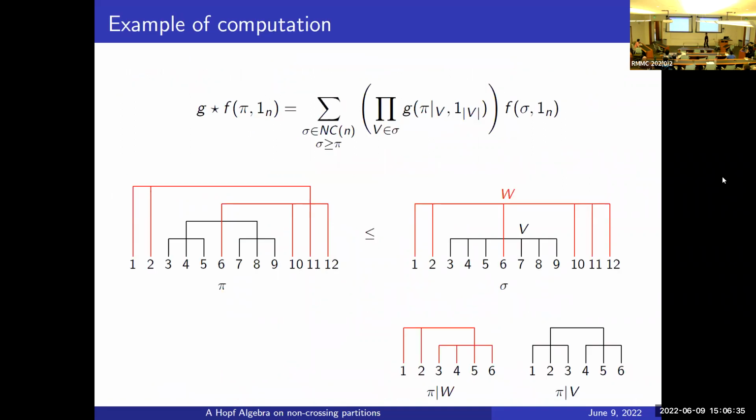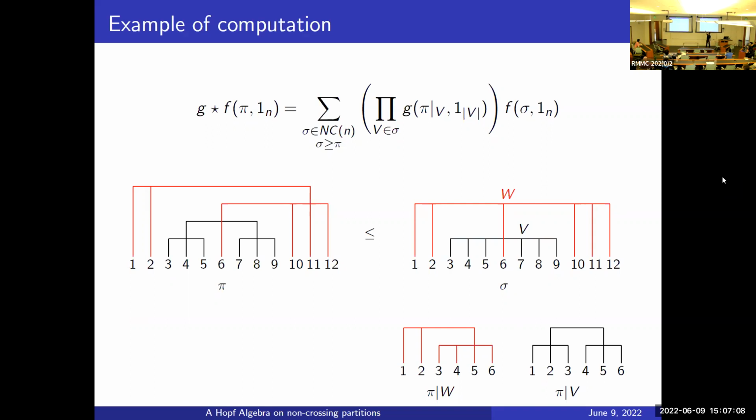Just an example to understand this convolution better. I have the convolution of g and f, and I'm fixing a pi. Then I sum over all sigmas bigger than pi. Here's an example of one of those sigma. On the right-hand side, I have f of sigma, 1n, so f is the value of the function on this sigma that is pictured here.